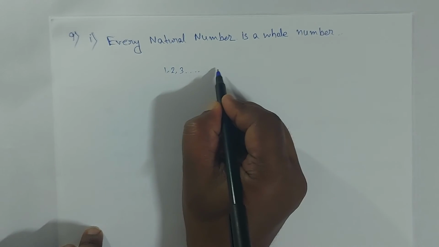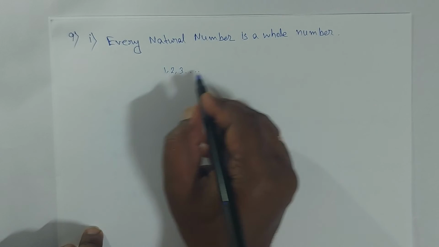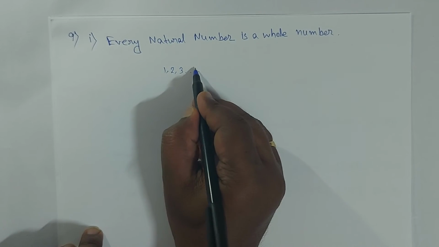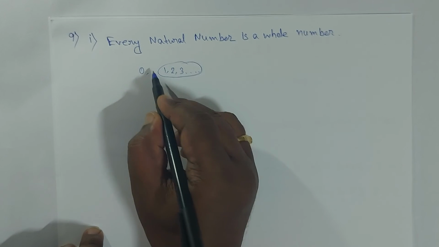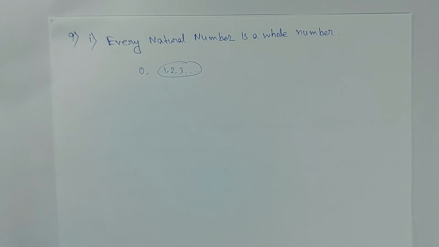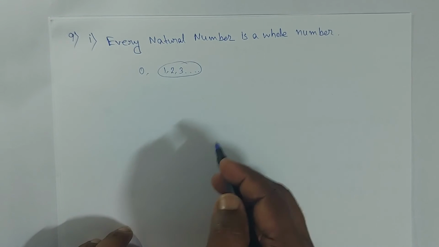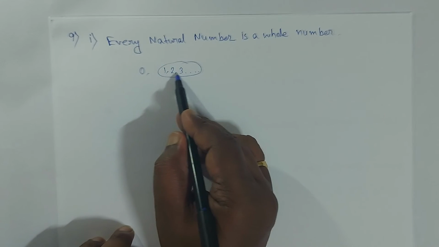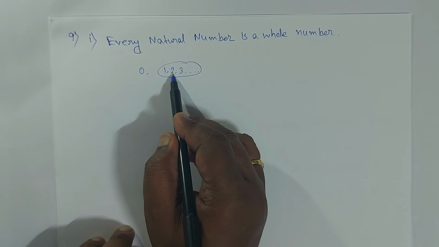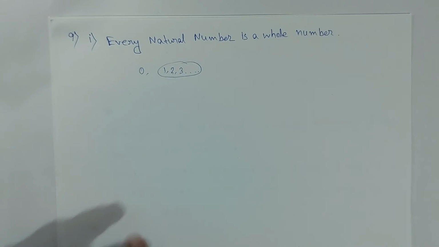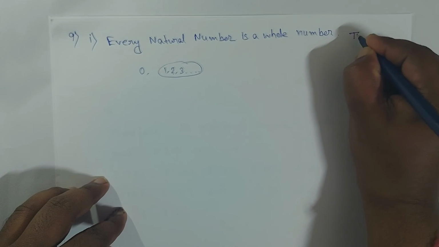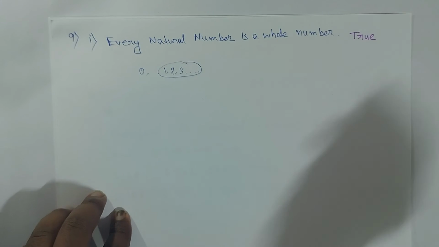And if 0 is added together with these natural numbers, then it becomes the group of whole numbers. So all the natural numbers come under the group of whole numbers. So this statement is true.